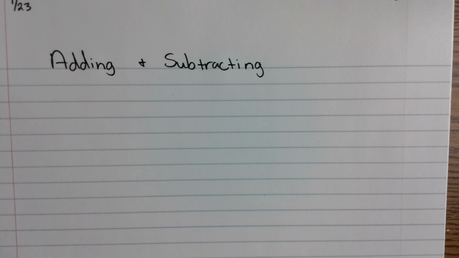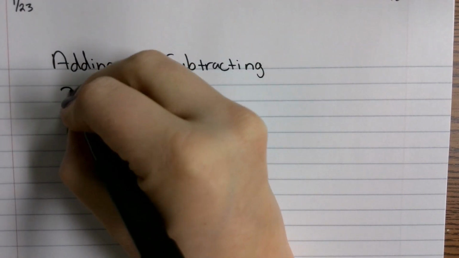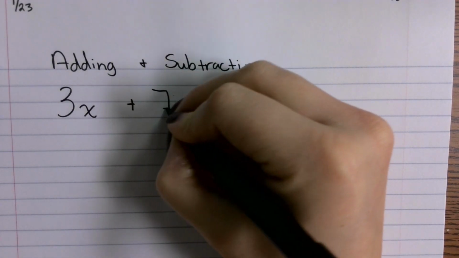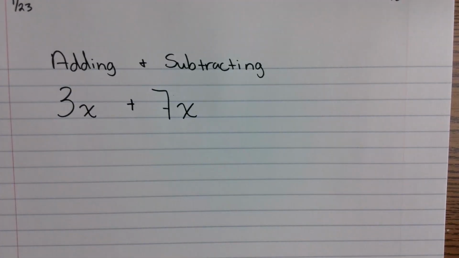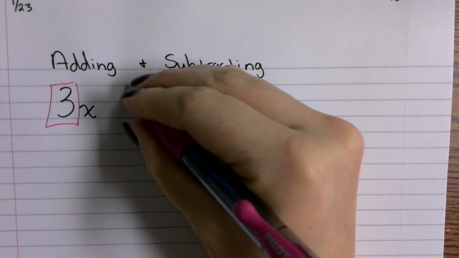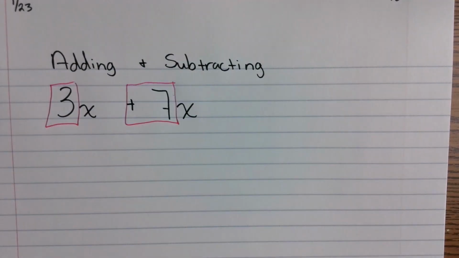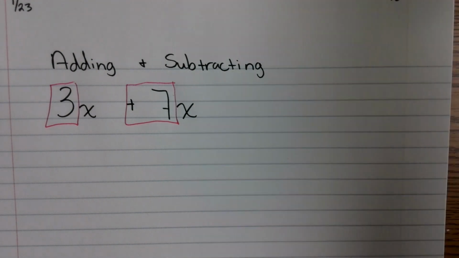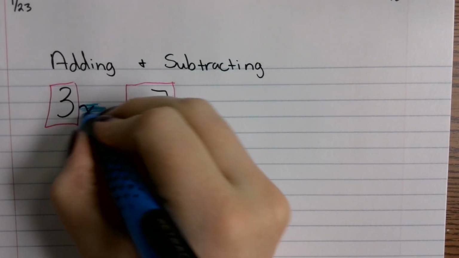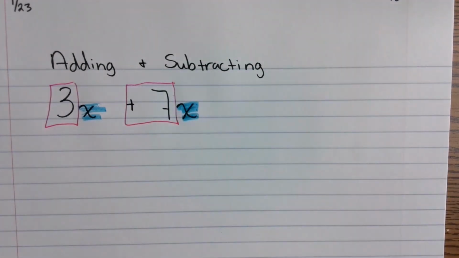So it's no different than if I were to give you an expression like 3x plus 7x, you know exactly what to do. You know that you're focusing mainly on the 3 being added with the 7, and that your variable, your x, is just going to remain as it is. It's unchanged.